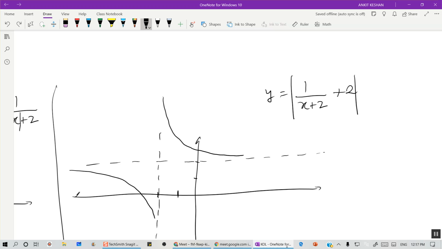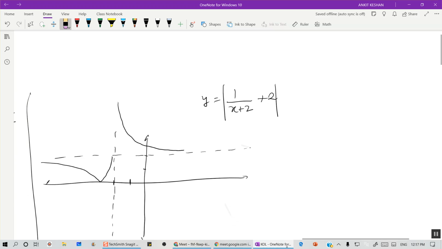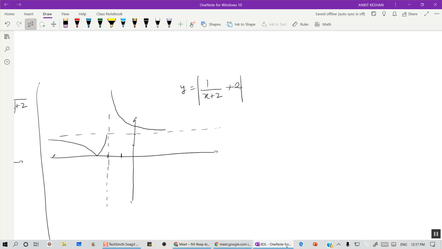Let me draw a clear one. Yeah. Now what I'll do. Wipe. Just a minute. Small eraser. Now we will do a few things. See where we started from, y equal to 1 by x.